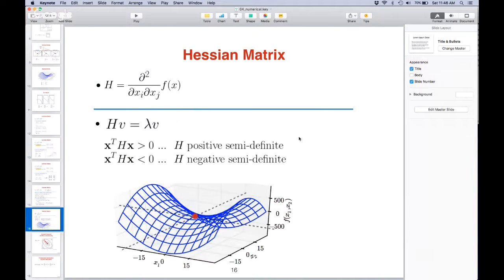Let me see what I was going to talk about in this slide. Oh, so the Hessian matrix. Okay, so this is actually one of my favorite parts of this concept.